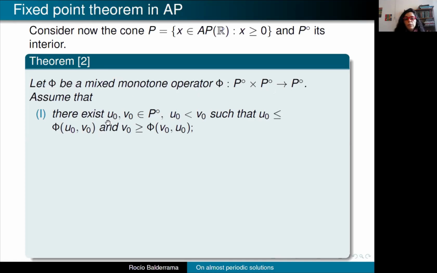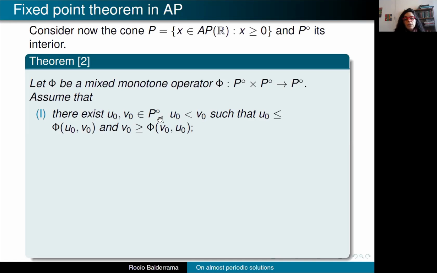and we assume two conditions, that there exist two functions. For clarity, the dependence of these functions on t has been dropped, but u0 and v0 are functions depending on t.